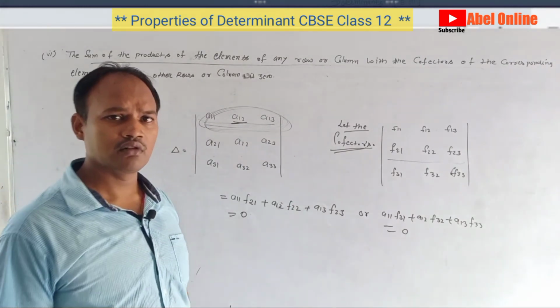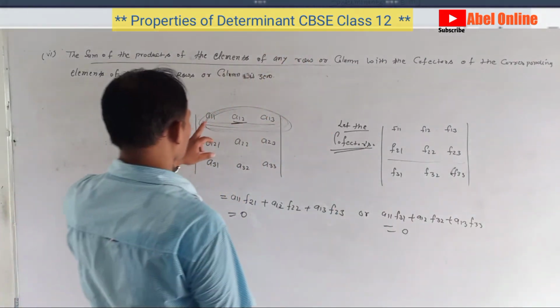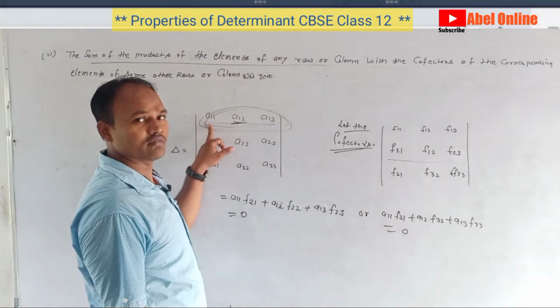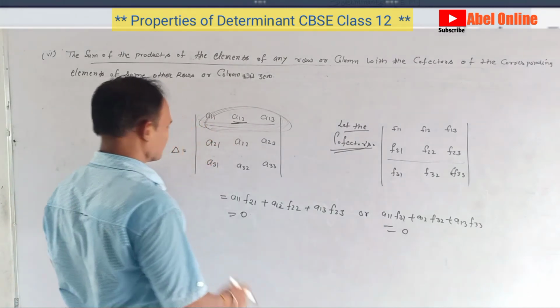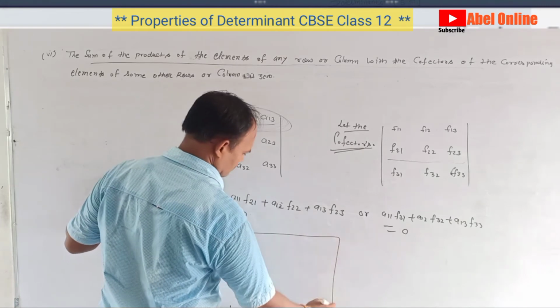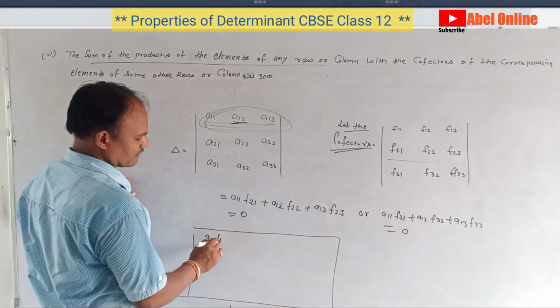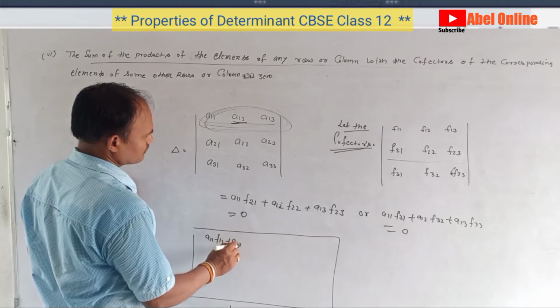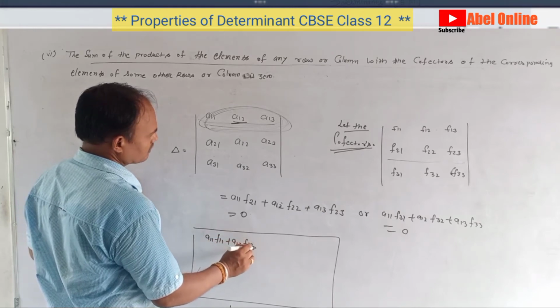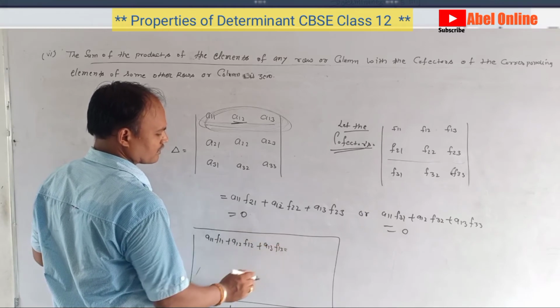The question arises, what happens, sir, if you take the same row and the same cofactors? Suppose you take a11 with f11, a12 with f12, and a13 with f13.